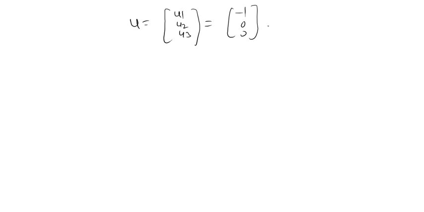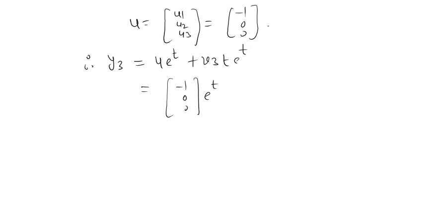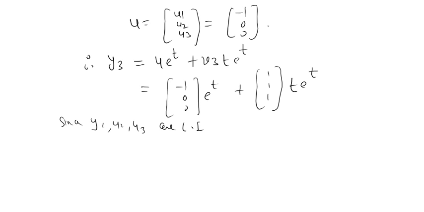So you find u. Therefore the final third solution is y3 equal to u e^(lambda t), lambda is 1, plus v3 t e^(lambda t). So u is (minus 1, 0, 0) e^t, and v3 is (1, 1, 1) t e^t. Since y1, y2, y3 are linearly independent, they form a fundamental set of solutions.